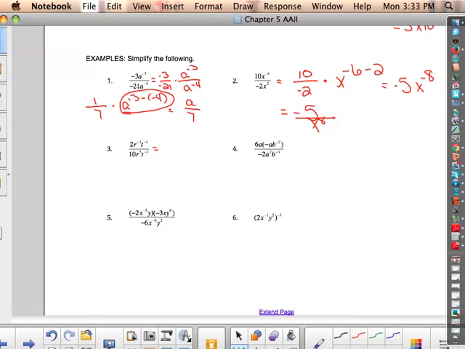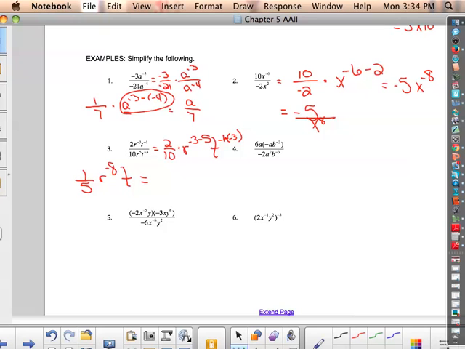Number 3, I have 2 over 10 times r to the minus 3 minus 5 t to the minus 1 minus negative 3. So that's going to give me 1/5 r to the negative 8 t to the first.